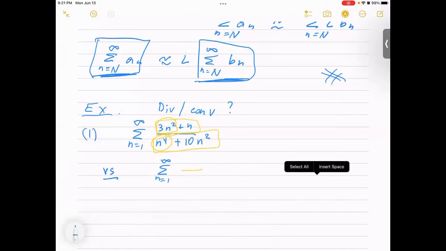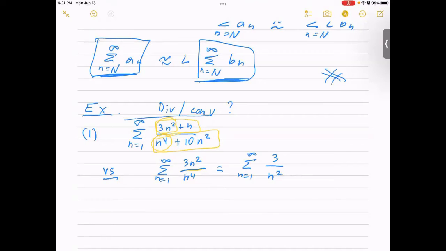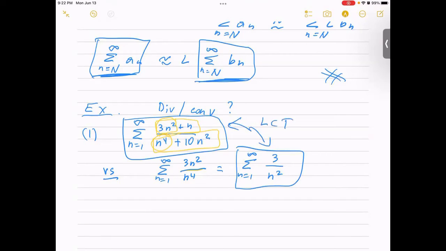So I'm going to write down 3n squared on top and n to the fourth on the bottom. If you like, we can reduce it into the series from 1 to infinity of 3 divided by n squared. Now I want to compare these two series by doing LCT between them.